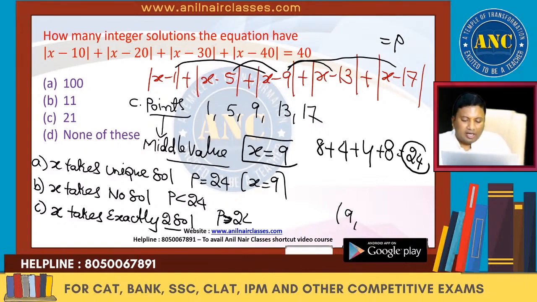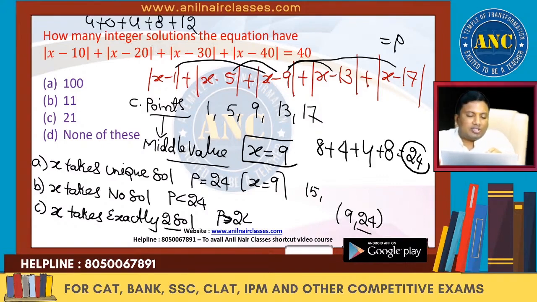9 comma 9, how much I got? 9 I got 24. 9 comma 24. Let me do 5. 5 how much I will get? 5 minus 1 is 4. 5 minus 5 is 0. 5 minus 9 is 4. 5 minus 13 is 8. 5 minus 17 is 12. 20 plus 8 is 28.